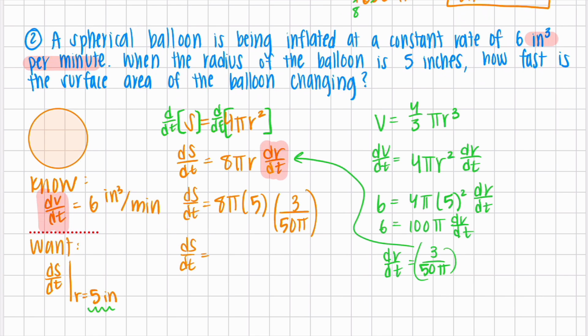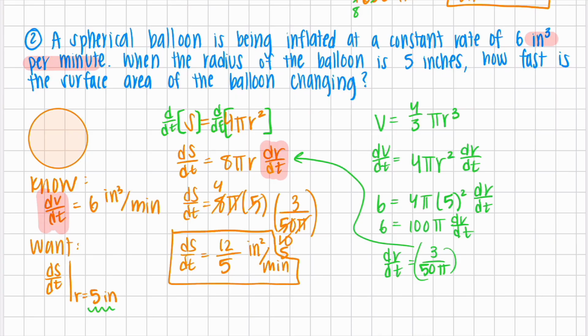Let's cancel out a 50, we get 10, cancel out a pi, cancel out a 2, we get 4 and 5. 4 times 3 is 12 over 5. We need our units. This is surface area, so area is inches squared per minute. And that is your answer.